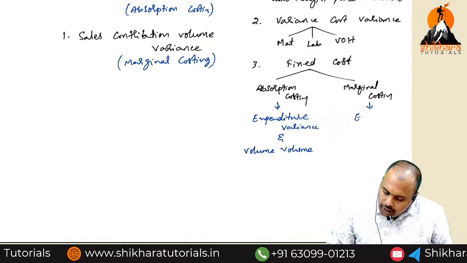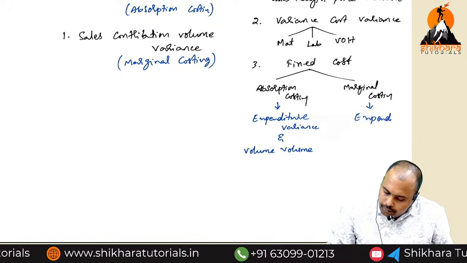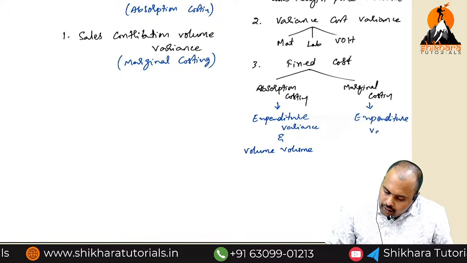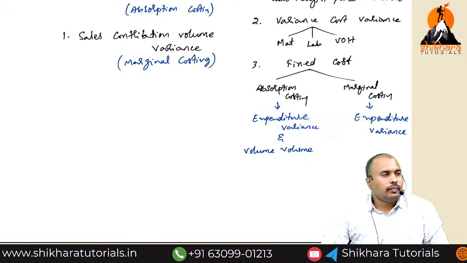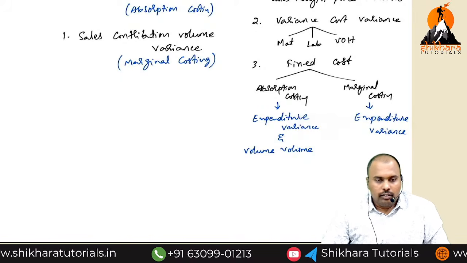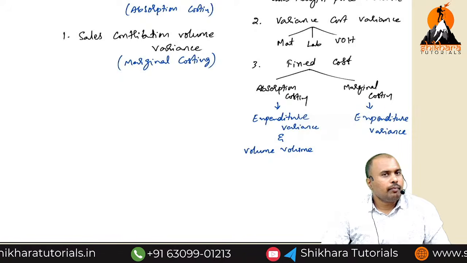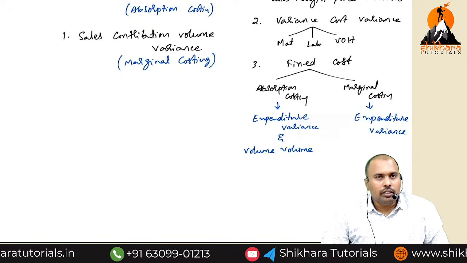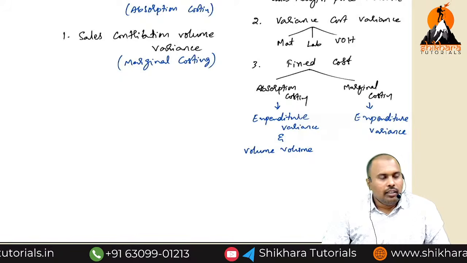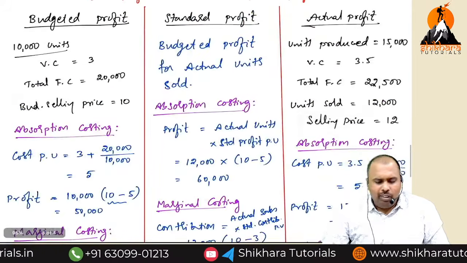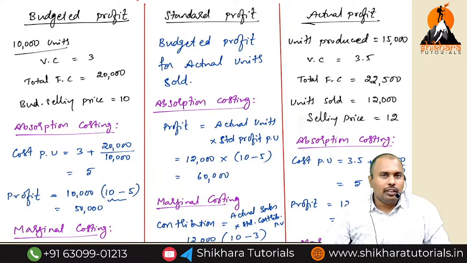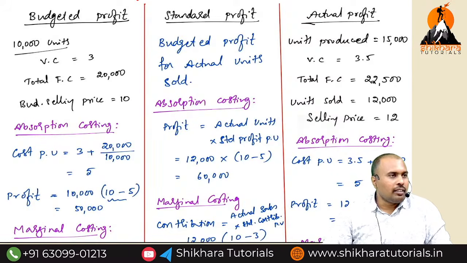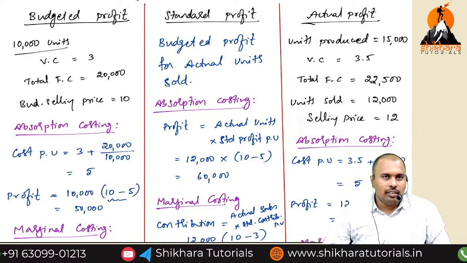So here I am supposed to take only expenditure variance. Clear? Understood? Got it? Now, sir, should we remember all these things to do the reconciliation statement? This is just to understand what things are to be considered and what are not to be considered.